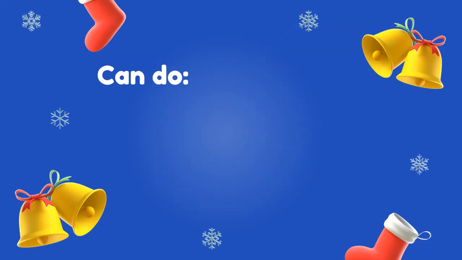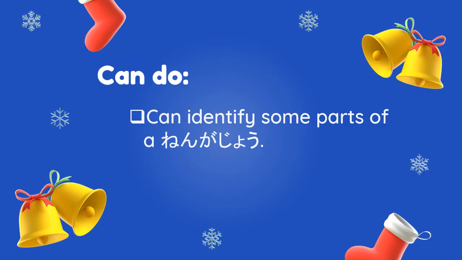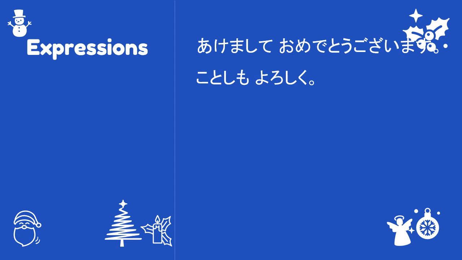The language focus for this session, the students can identify some parts of a Nenganjo. And here are the expressions that the students will be learning for this session. Akemashite omedetou gozaimasu. Kotoshi mo yoroshiku.